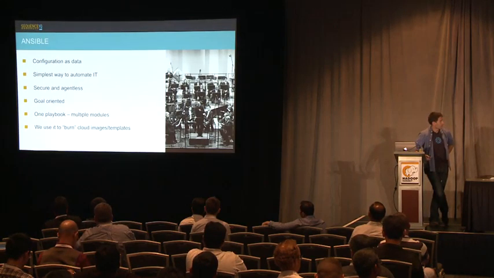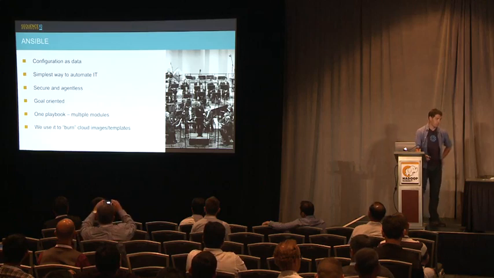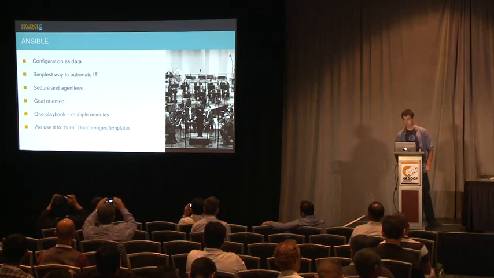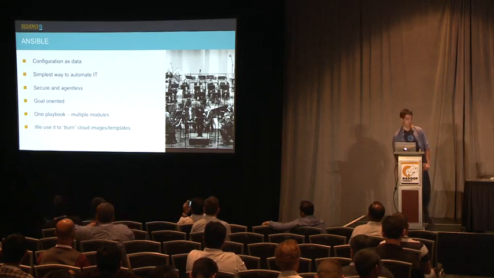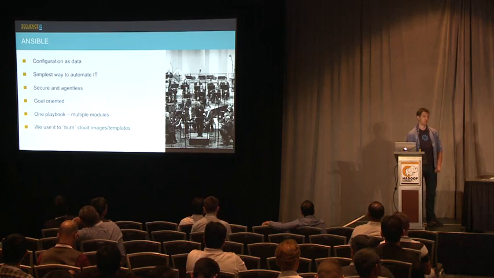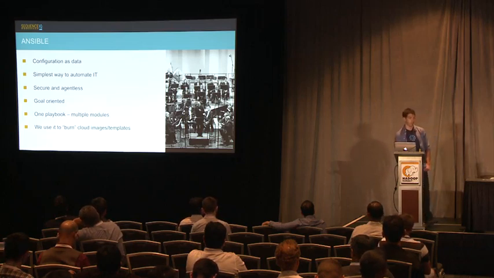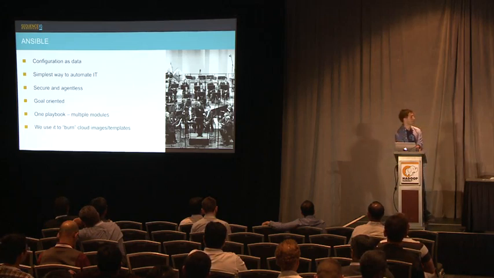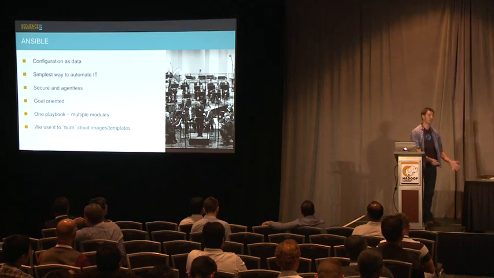A few questions, because I mentioned Ansible a couple of times. Ansible is an IT automation tool. For those who are familiar with Chef or Puppet, it's pretty much like Chef or Puppet, with quite a few advantages, at least we think so. The first is that it's configuration as data, which means your configuration file actually describes your infrastructure.